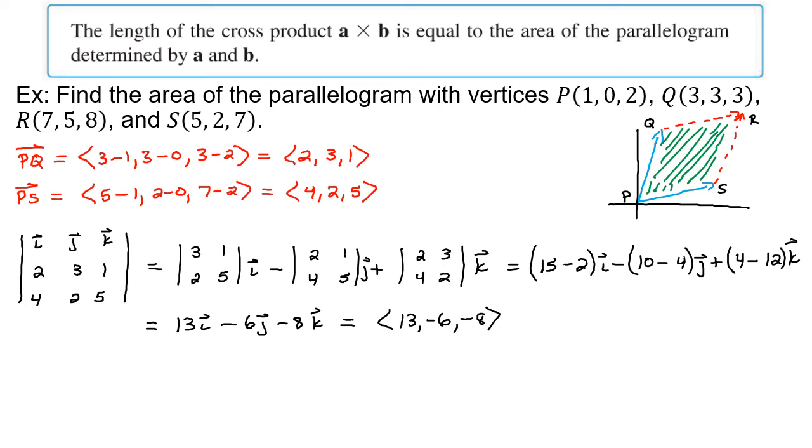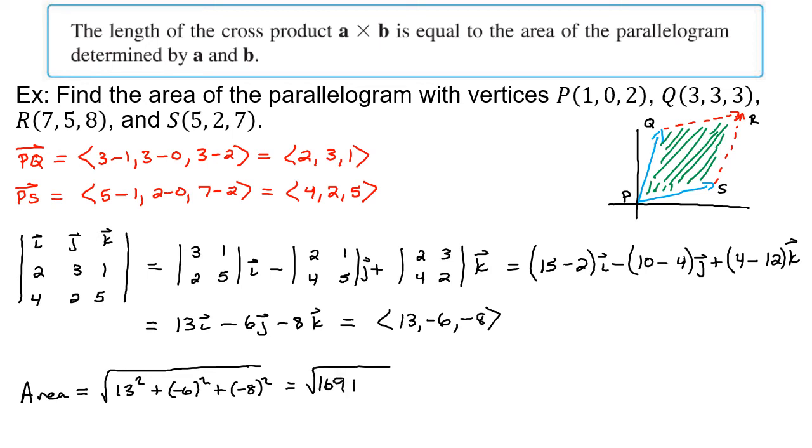Then all I have to do is find the magnitude of that. So my area would be the square root of 13 squared plus negative 6 squared plus negative 8 squared. 13 squared is 169 plus 36 plus 81.